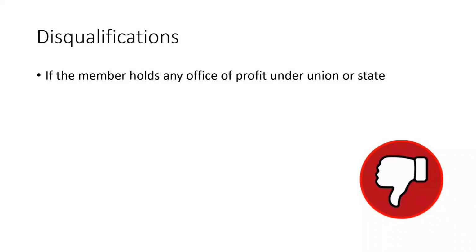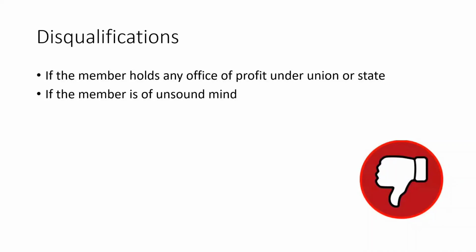Sabha. Also, if the person standing for the membership is of unsound mind or declared by the court of unsound mind, then he will not be eligible for the membership. What does unsound mind mean over here? Unsound mind means that you are not mentally proper, so you are mentally ill according to law.